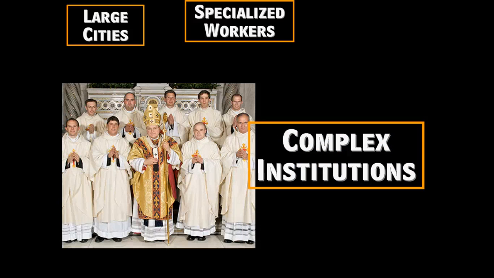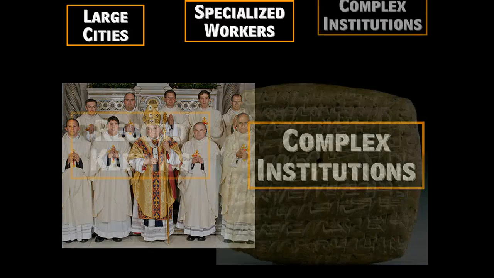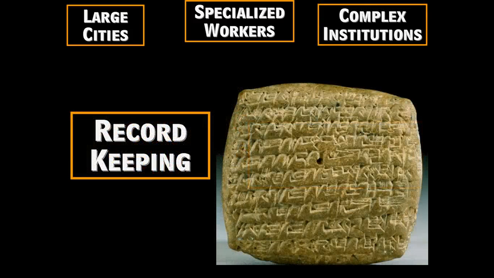And then we get complex institutions. Okay. Now, complex institutions, we're talking really about the church. Okay, religion. Okay, so religion and the development of government. So anytime we talk about complex institutions, we're talking about religion and government. All right, and along with all of this, something evolves that is going to be another game changer: record keeping.